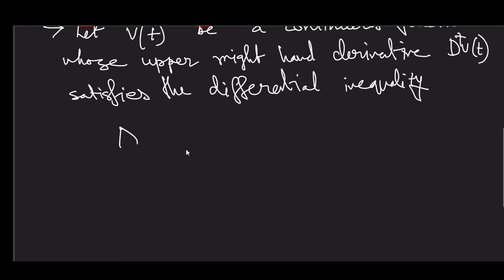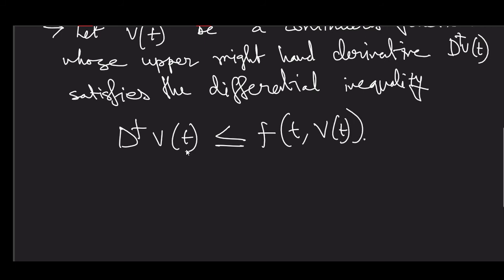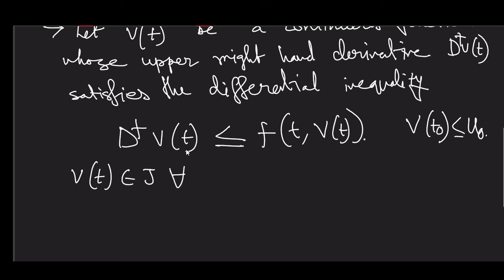That is D plus V(t) is less than or equal to f of t comma V(t), where your V(t0) is less than or equal to u0, with your V(t) also belonging to J for all t belonging to the half open interval [t0, T).